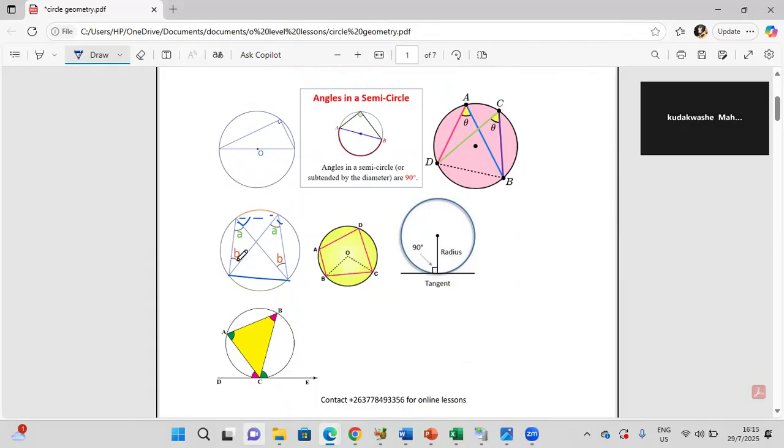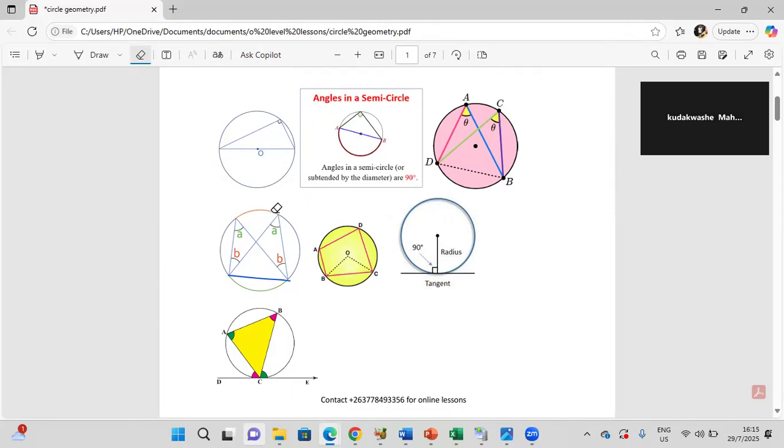It means this angle and this angle would be the same. So if the triangles are sitting on the same chord at the circumference, they form equal angles. And please take note, the equal angles are not here, they are not here, but it's at the circumference.